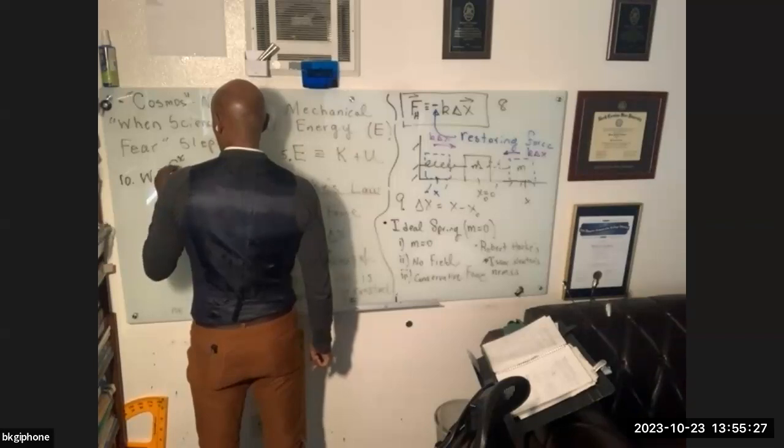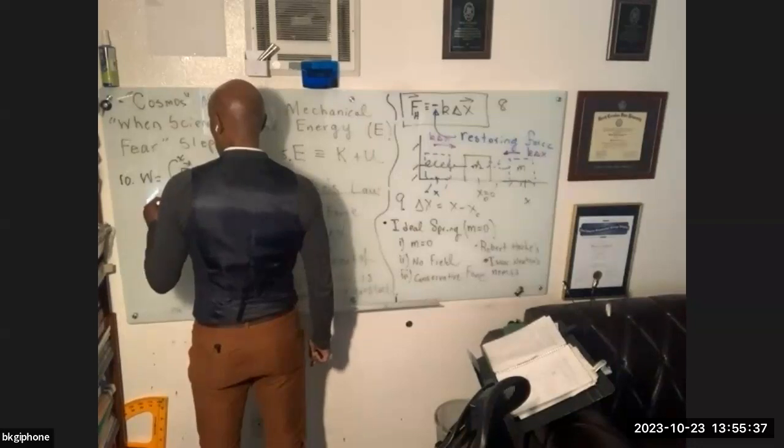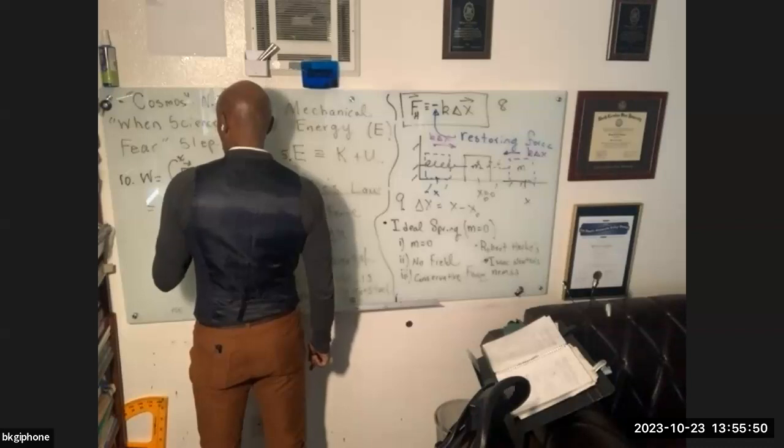F dot dx. The first thing I'm going to do is work out the dot product. So F dx cosine of theta.